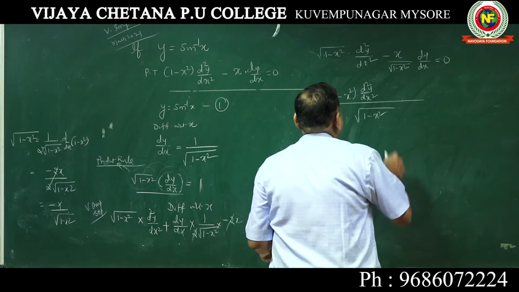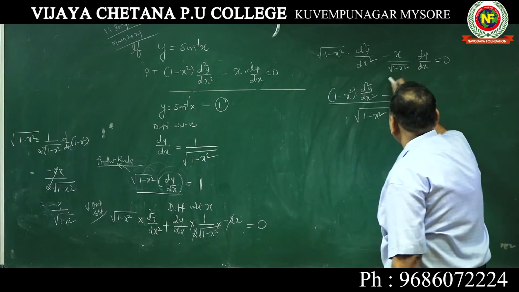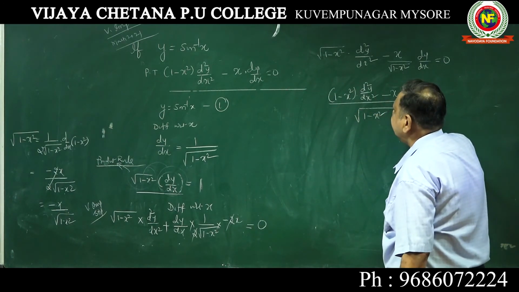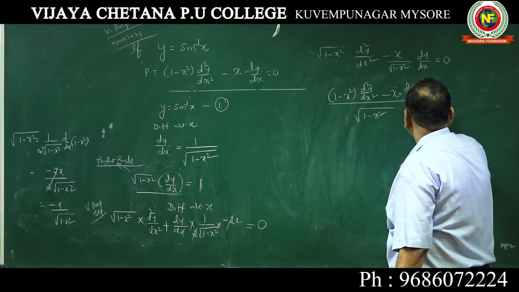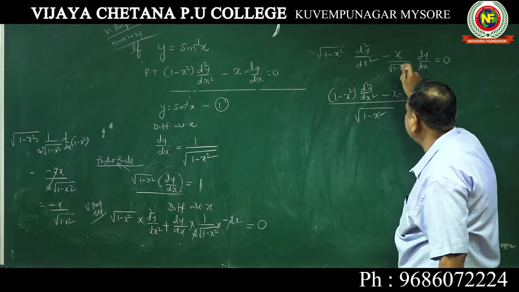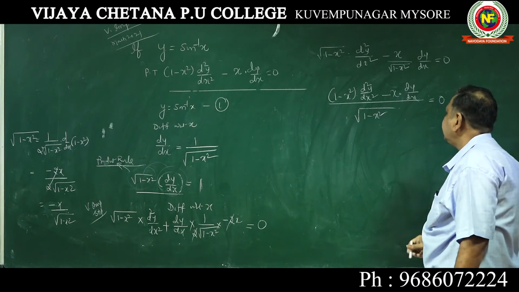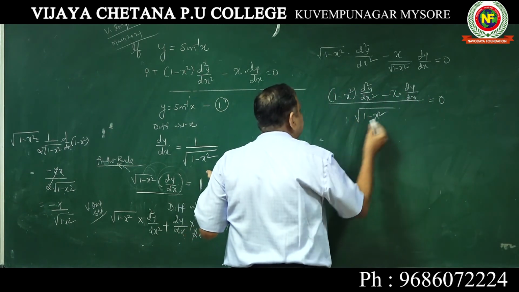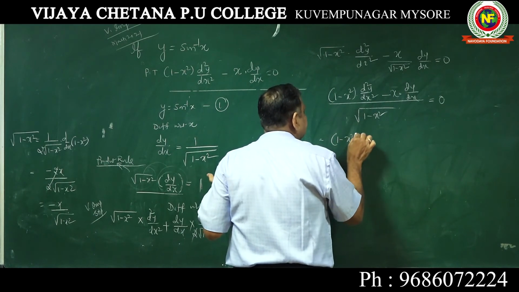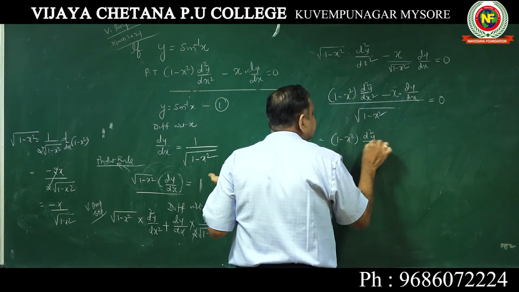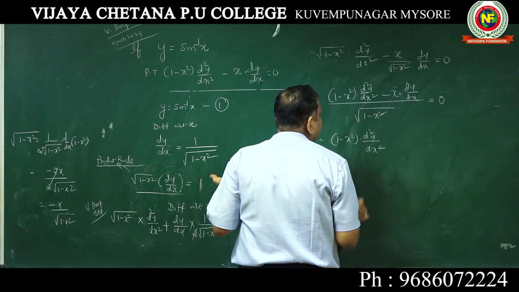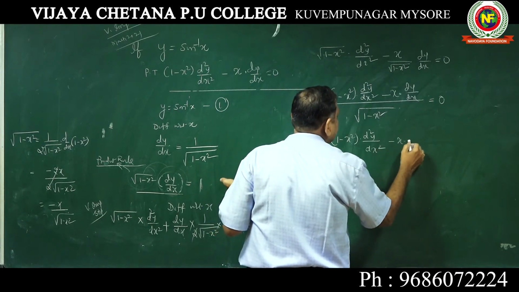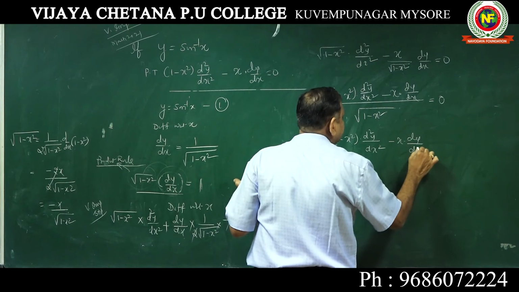Then minus x dy by dx equal to 0. Understood? I take the LCM, multiply, and cross multiply: 1 minus x square d square y over dx square, minus x dy by dx is equal to 0.